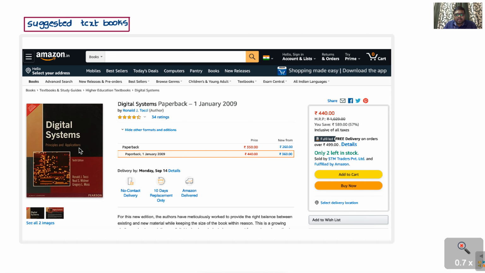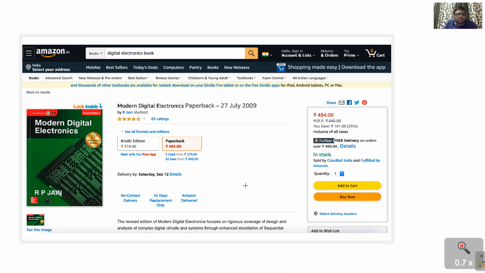The next book is Modern Digital Electronics by R.P. Jain. This is also one of the textbooks, which provides many numericals as well as coding, Verilog coding also.